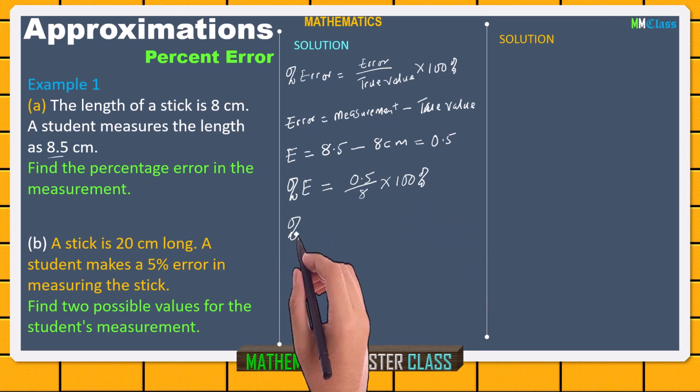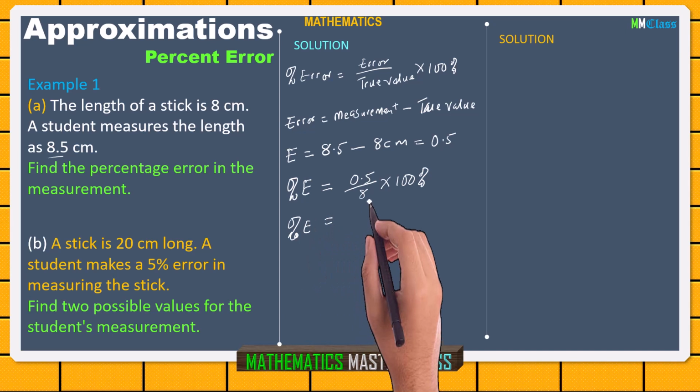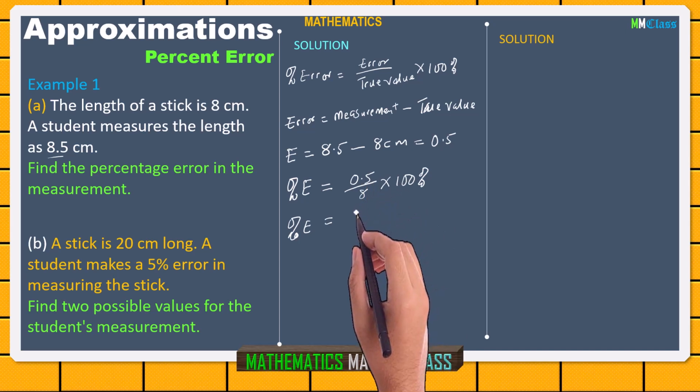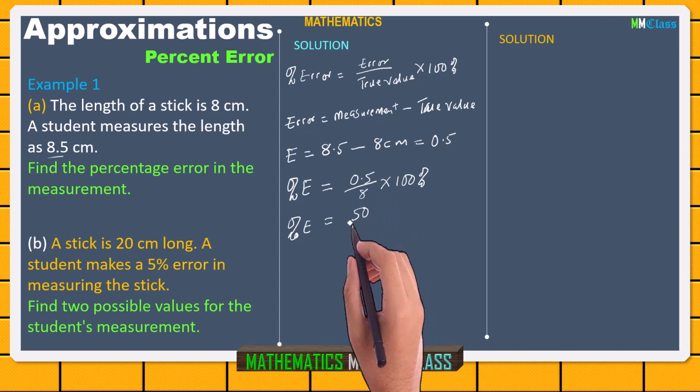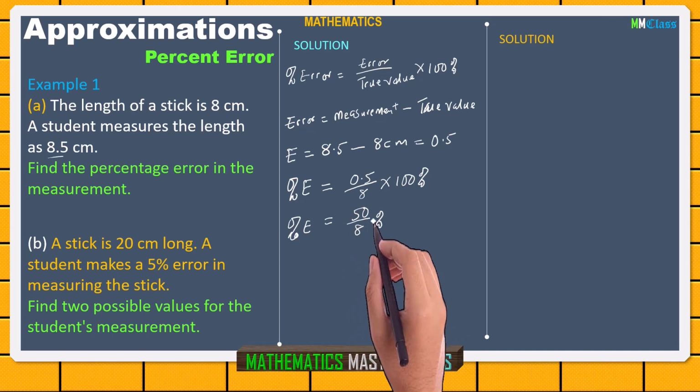So the percentage error will be equal to this 0.5 times 100 will give you 50 over 8%.